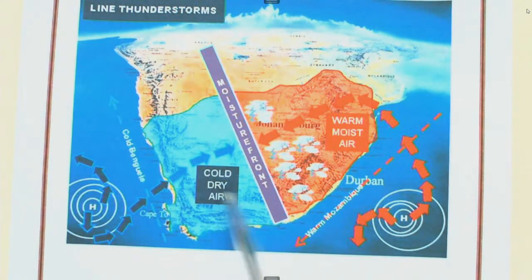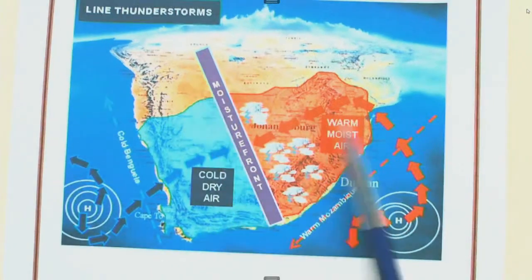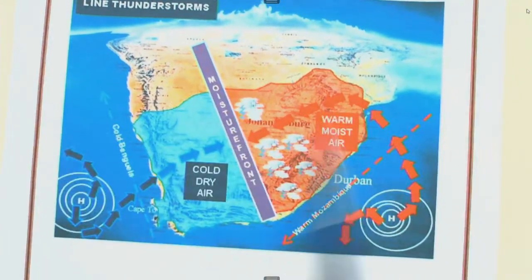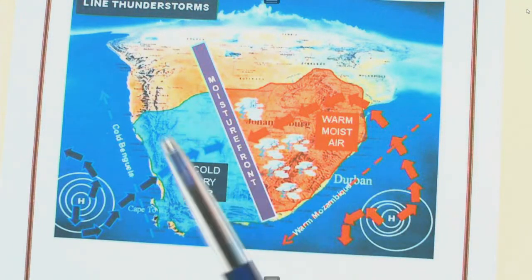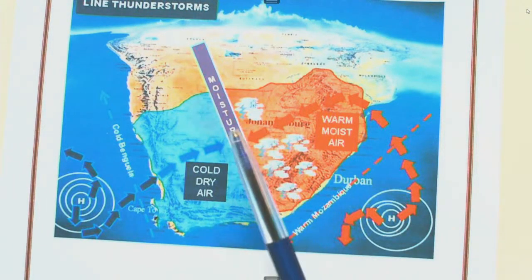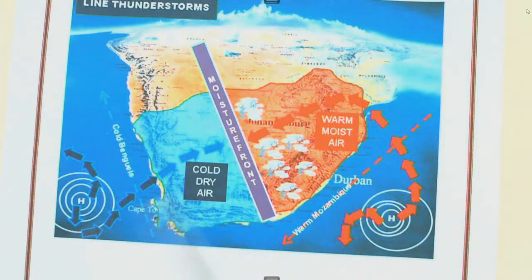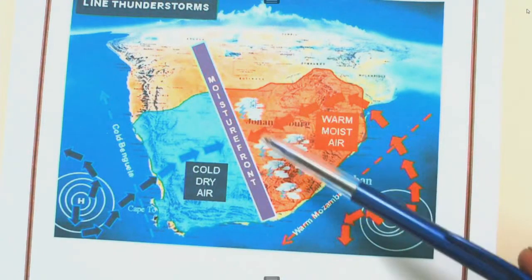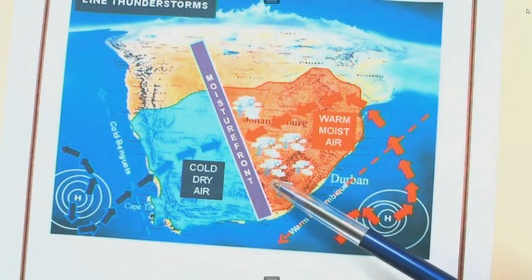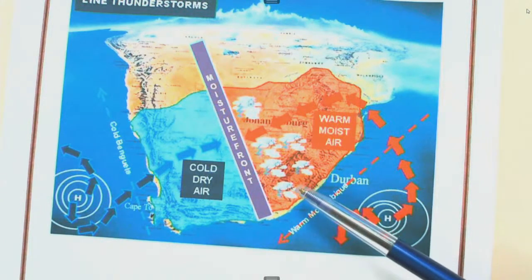Okay, so when the two different masses of air meet along the line, we are likely to have warm air rising and the cold air moving underneath the warm air, and consequently we are going to have the formation of clouds and thunderstorm activity that is taking place there.